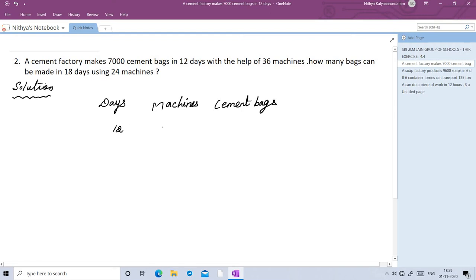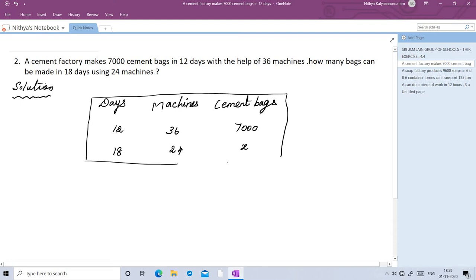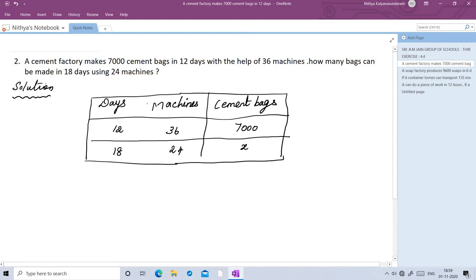So 12 days, 36 machines, 7,000 bags. Then 18 days, 24 machines. So we want to find out the number of cement bags, so that you can consider as X. Then look at the tabular column.